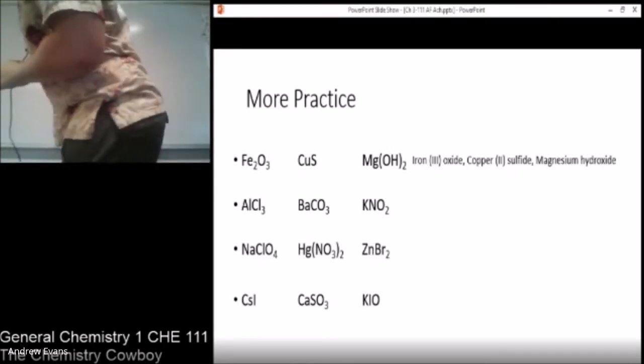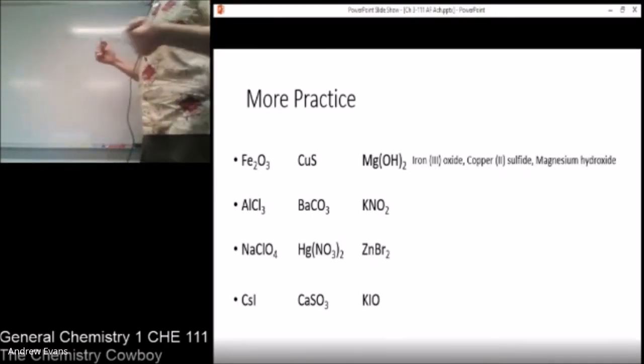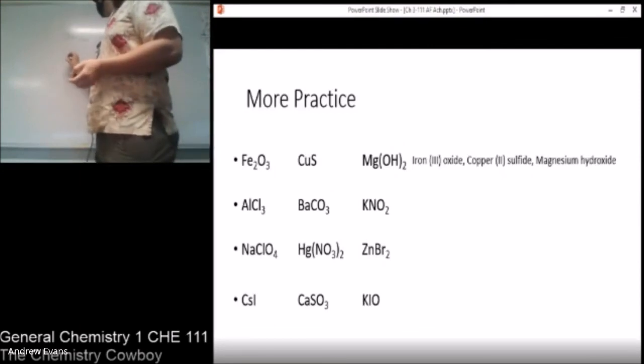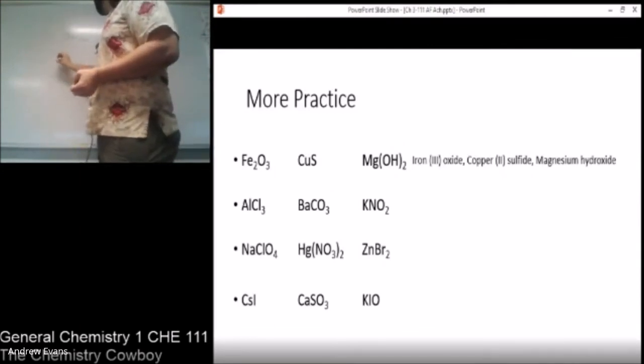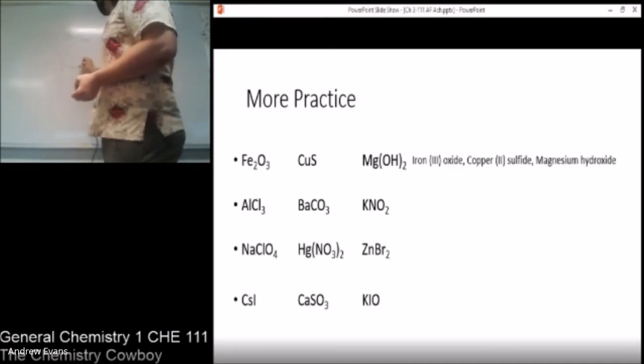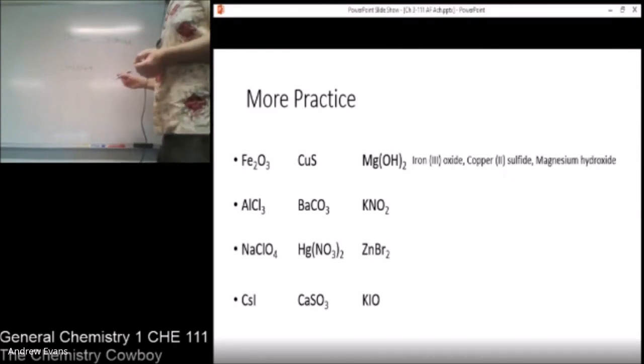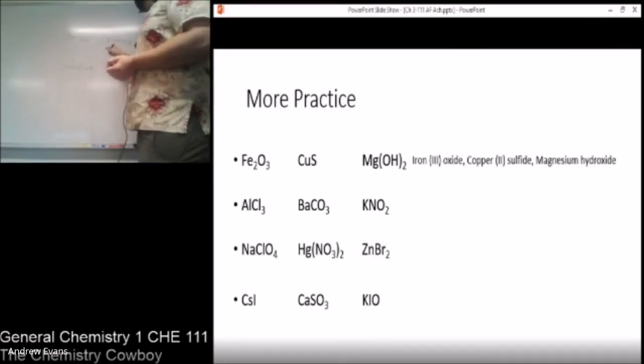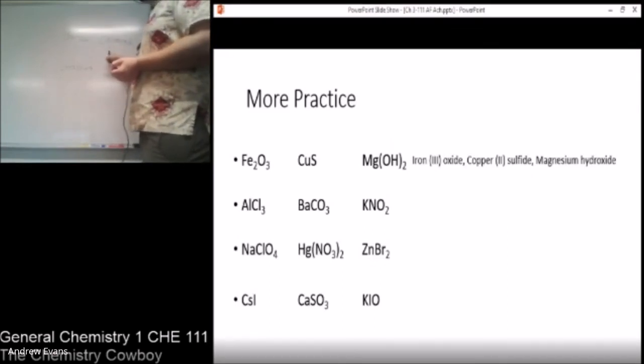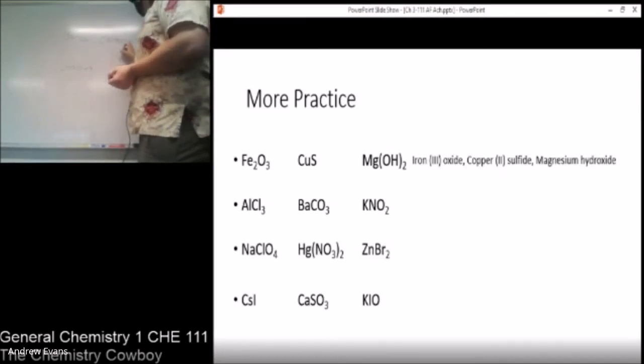The next one, potassium KNO2. So potassium, that one's pretty straightforward. It's group 1. But so NO2. It's not nitride because there's an oxygen associated with it. Nitrogen is on row 2. So the maximum we could have is NO3. What we have is actually NO2.